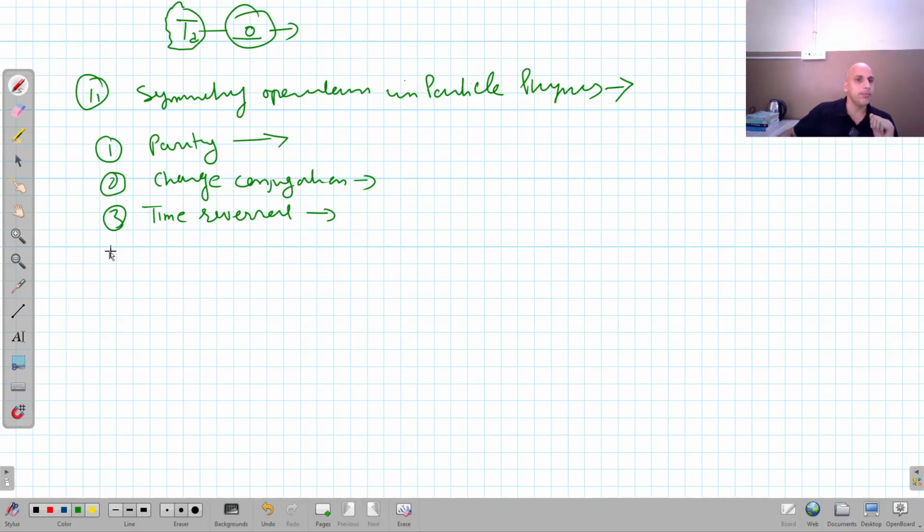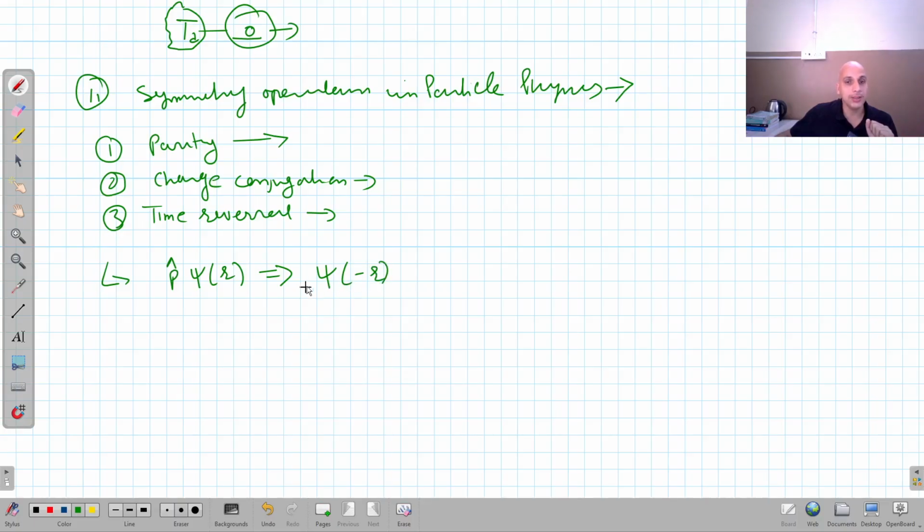As far as parity is concerned, we know the operation of parity on a system reverses the signs of all the coordinates. If I operate the parity operator on a wave function psi of r, then it simply means that we are changing r to minus r.